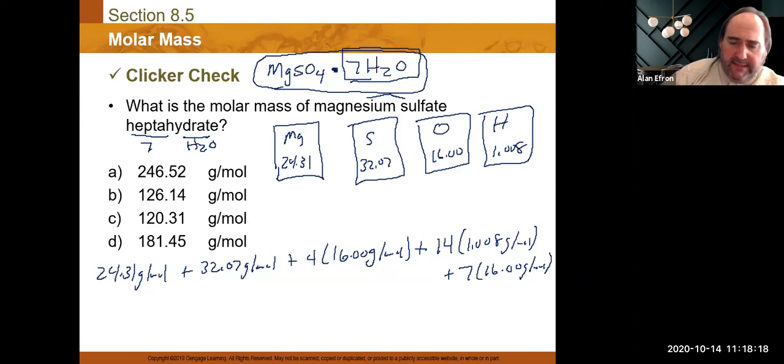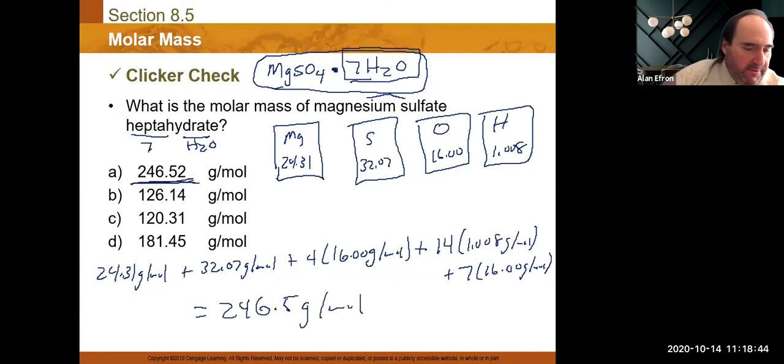So if we do all that, that is 24.31 plus 32.07 plus 4 times 16 plus 14 times 1.008 and a 7 times 16, and looks like perhaps 246.5 grams per mole, and looks like perhaps number A there, or letter A, would be the right one.